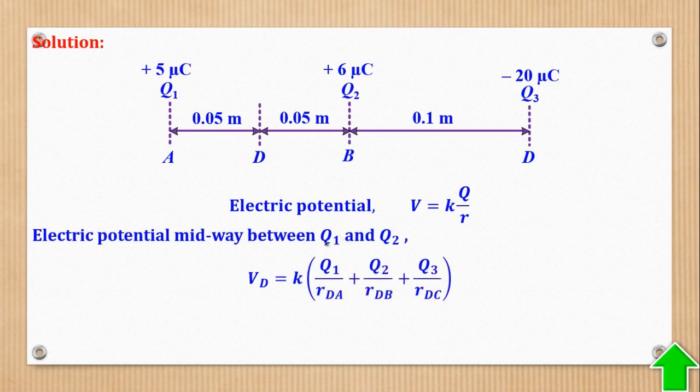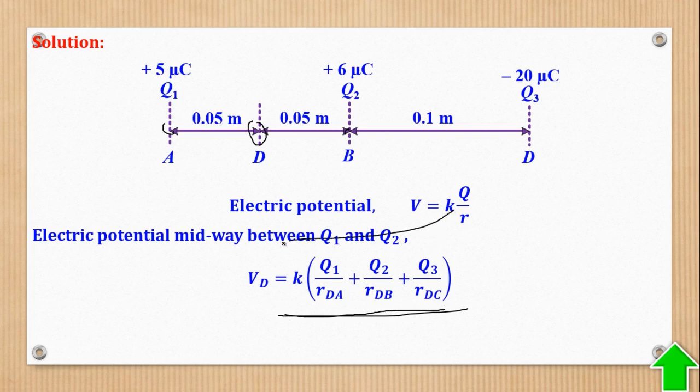Now midway, where is this thing coming from? We are writing this because we said electric potential is a scalar quantity, meaning we are not interested in the direction. Previously, we could do them separately. For example, electric field intensity at this point due to this charge, at this due to this charge, because the directions were different. But now that we are not interested in the directions, we shall add the whole of it at once.